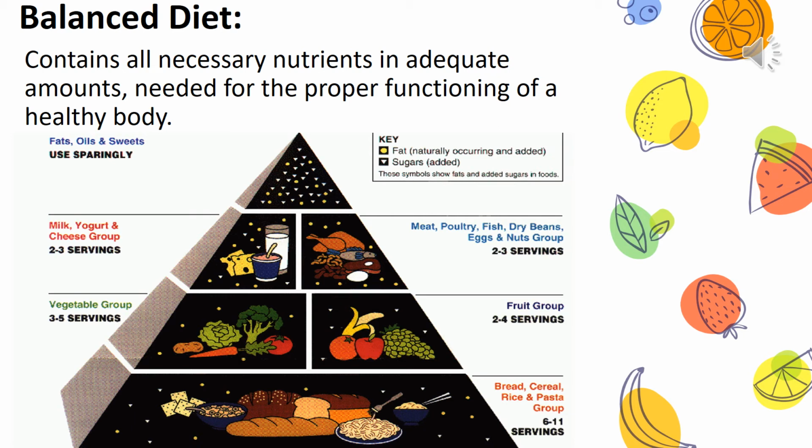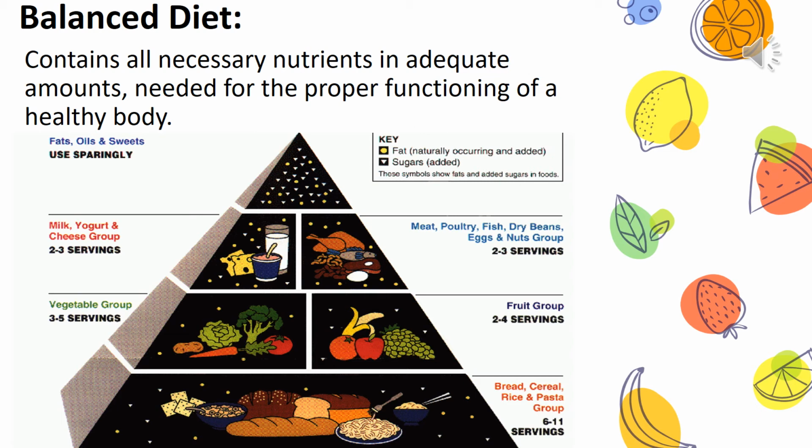Then you have the protein rich food, that is bodybuilding food: milk, yogurt, cheese group, then meat, poultry, fish, dry beans, nuts, etc. And at the very top you have fats, that is oil, then sweets, cheese, paneer and all. This all contains large amounts of fats which should be minimum in your diet.